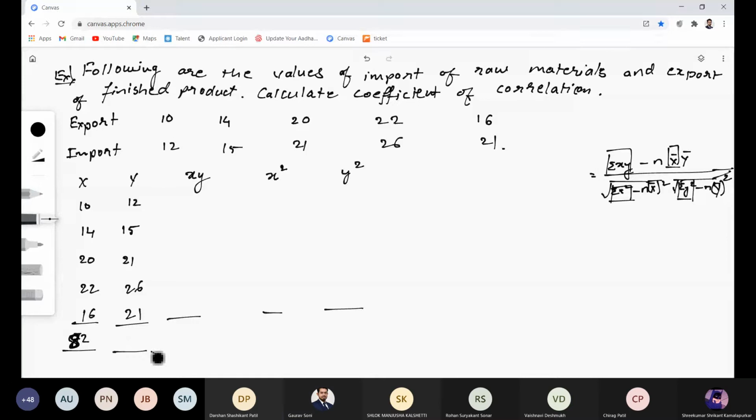And the other one? 95. Then xy: 120, 210, 420, 572, 336. 1658.